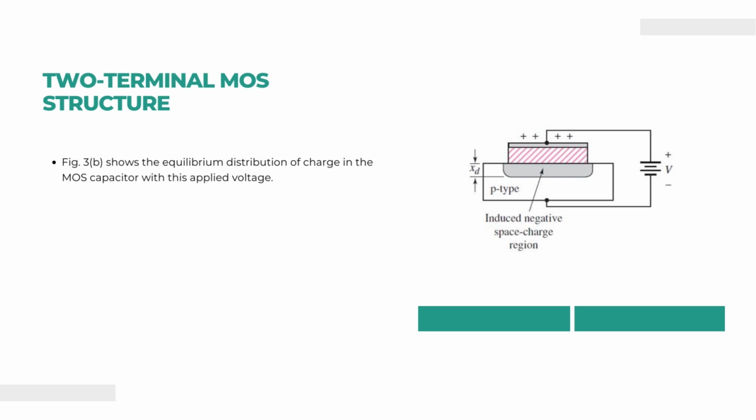The holes will be attracted towards the negative potential, and the negative charges or the electrons will be attracted towards the positive potential, and they will accumulate beneath the oxide layer, and a space charge region will be formed. This is the induced negative space charge region.